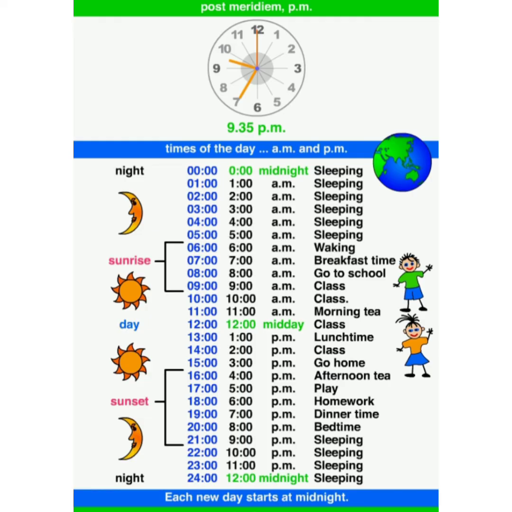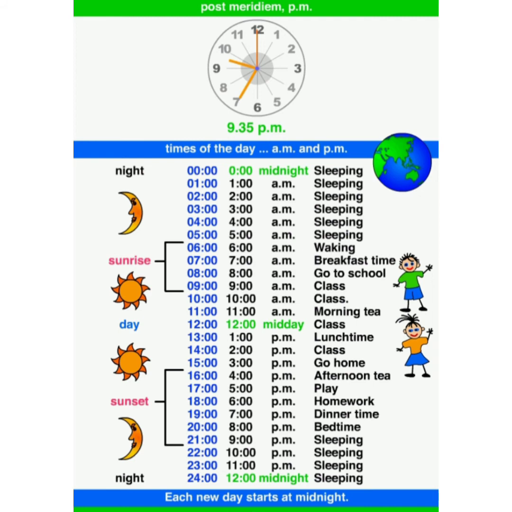For example, 0415 hours in the 24-hour clock means 4:15 AM in the 12-hour clock, and 1725 hours means 5:25 PM.